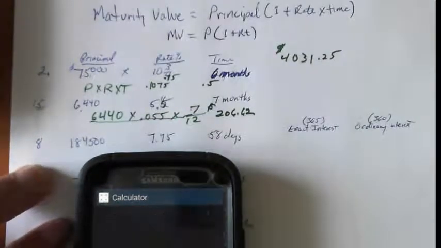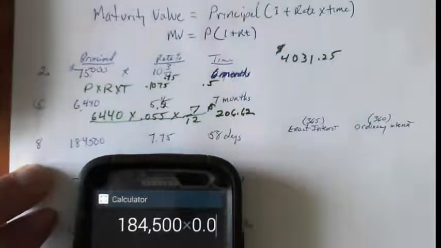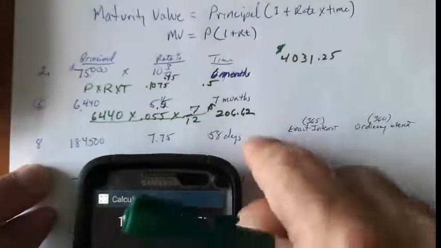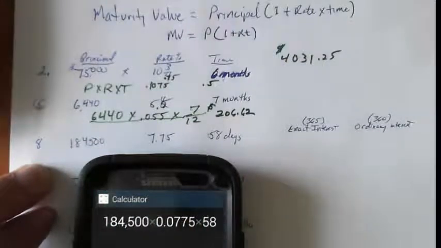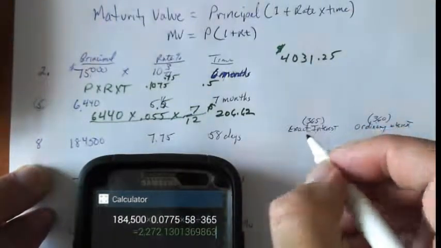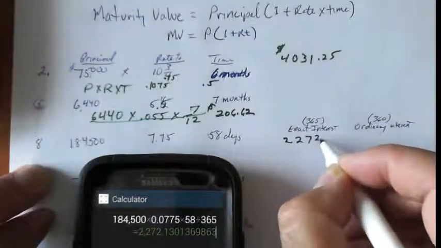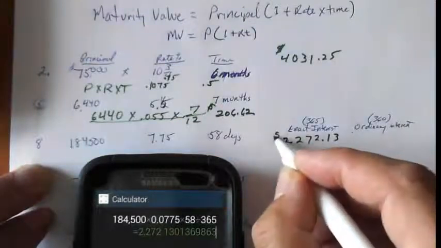So we're going to clear this out. So we have 184,500 times, we're going to change this to a decimal, 0.0775 times 58 divided by, we're going to do exact interest, 365 first. So you just plug it straight in and that'll give you the number you need. So we have 2272.13.